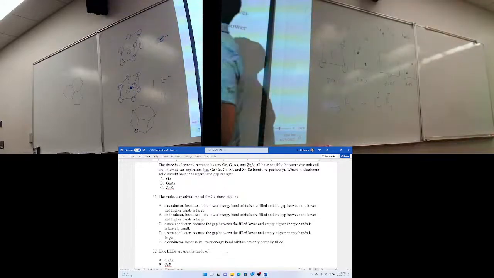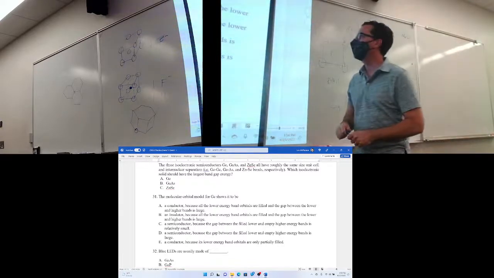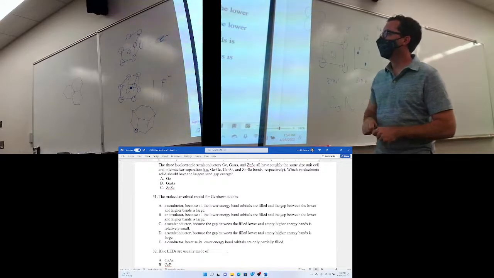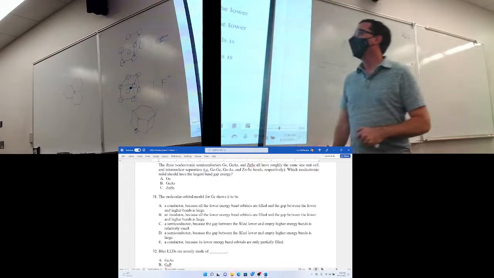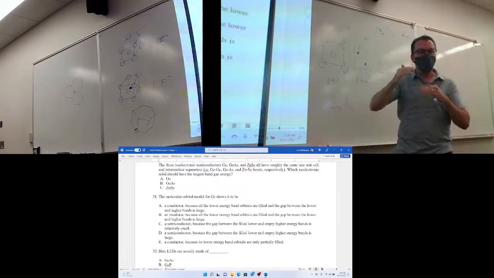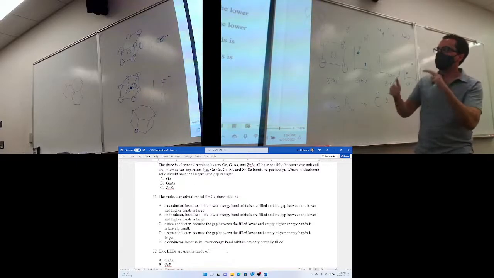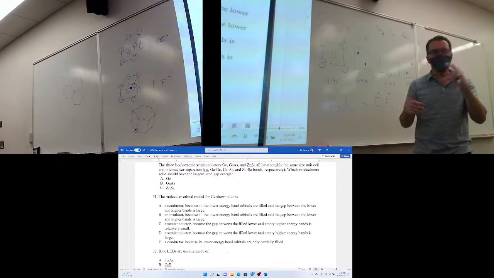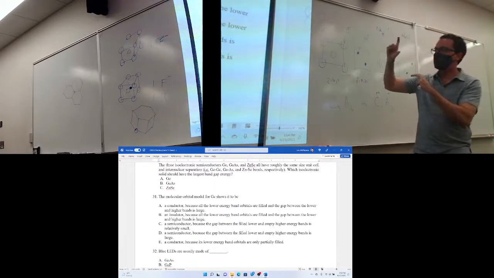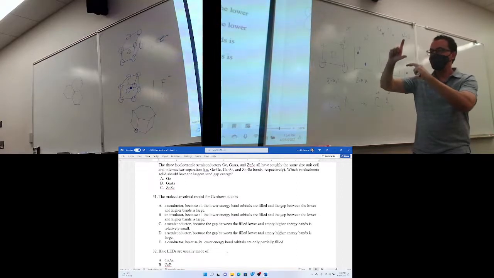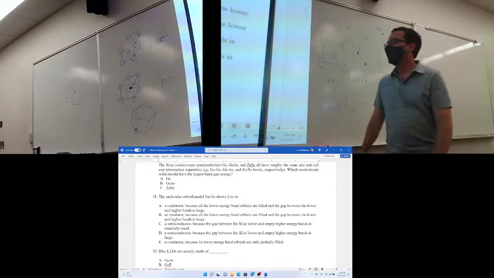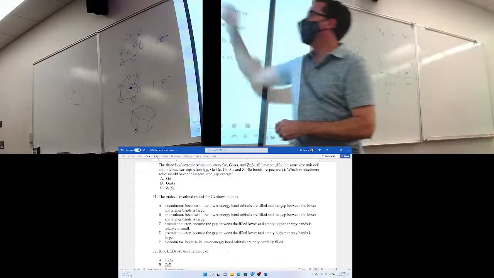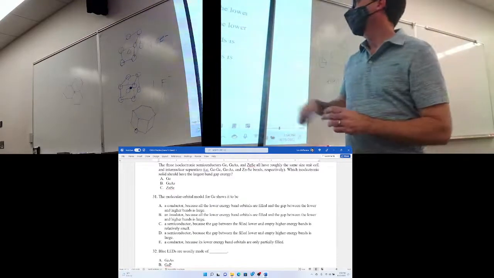Because the gap between the filled lower and empty higher energy bands is relatively small, or because the gap is relatively large. So it's C, right? You need that band gap, so the filled band, which is the valence band, and the empty band, which is the conduction band, that gap needs to be small. Not nothing, but it needs to be small. If it's too large, it's now an insulator. So C.